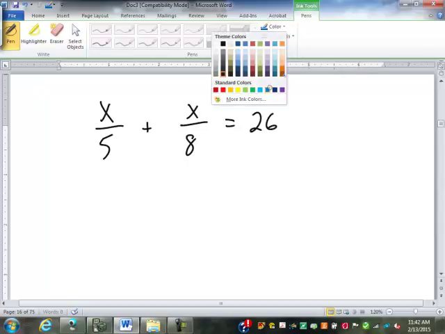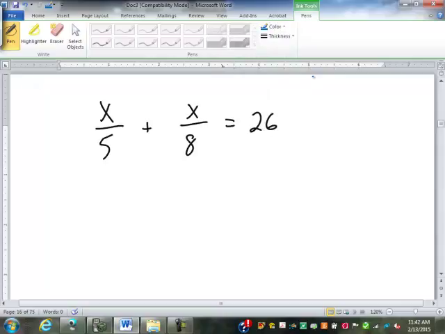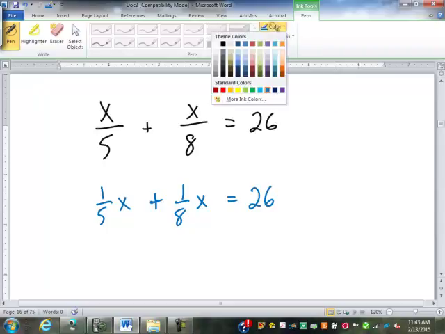this. x over 5 plus x over 8 equals 26. One of the ways we could approach this problem is as we just showed you. x over 5 is really 1/5 x. x over 8 is really 1/8 x, and that equals 26.